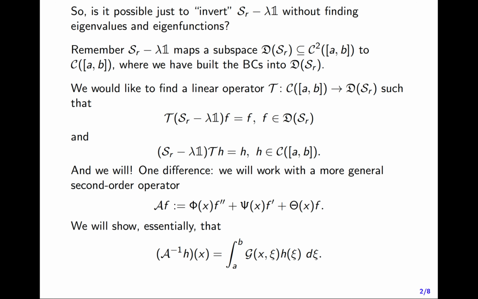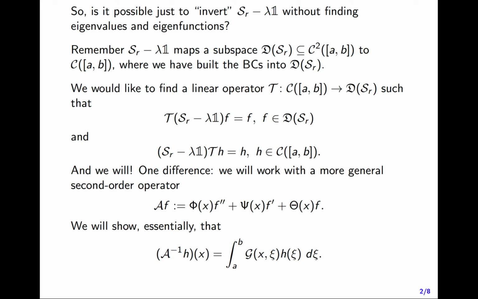And what we're going to show essentially is how this operator's inverse behaves, how A inverse on h acts: well, we can represent it as an integral. Namely, we're going to find a function g of two variables, call them x and xi, such that the inverse operator A inverse on h at x is given by the integral from a to b of g of x, xi times the function h of xi, integrated with respect to xi.